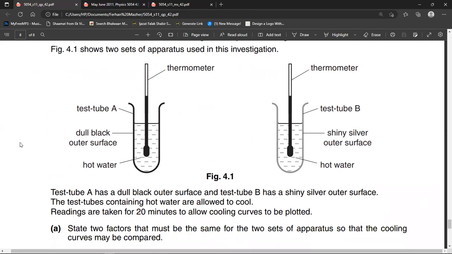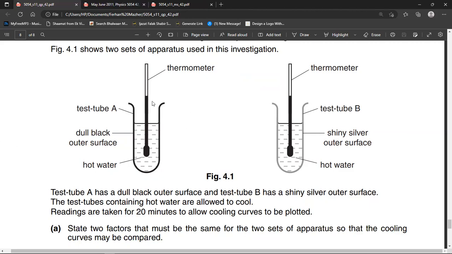You see, the thickness of these test tubes must be same. The material of the test tubes must be same. Their outer surface color is different, but their material should be same. Same volume of the hot water they both should have. The initial temperature of the hot water in both of them should be same.